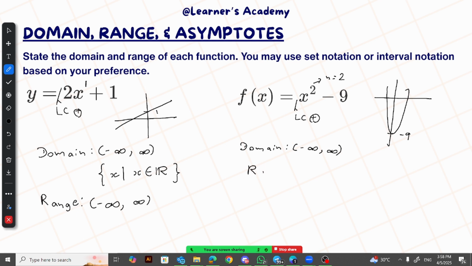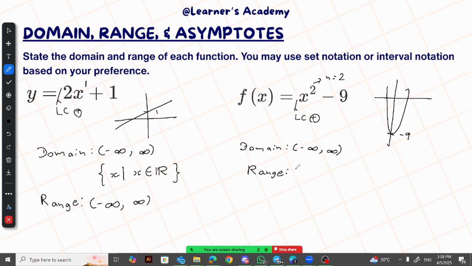But then range, if we think about range, by looking at the graph, we can see that it doesn't really go infinitely from top to bottom, right? Because if we go lower than negative 9, say negative 10, negative 11, negative 12, there aren't any graphs going on. So negative 9 is the lowest that we can get. So it has a restriction. Though it doesn't have any asymptotes or anything, it still has a restriction because it doesn't go below negative 9.